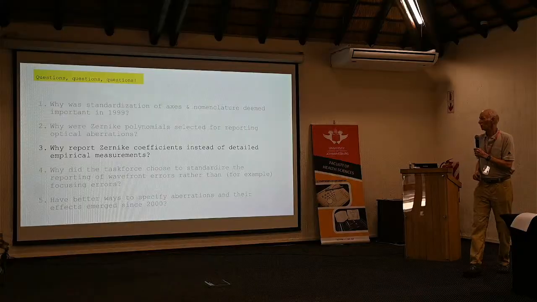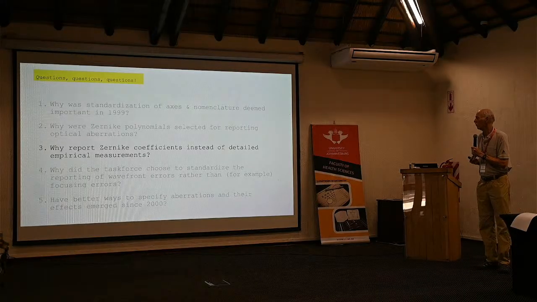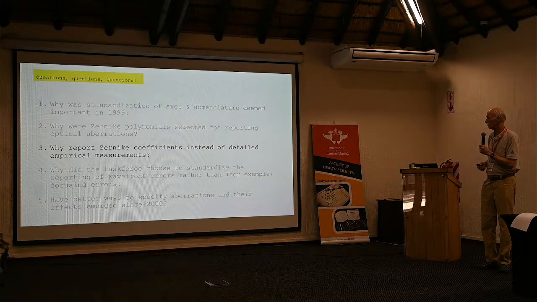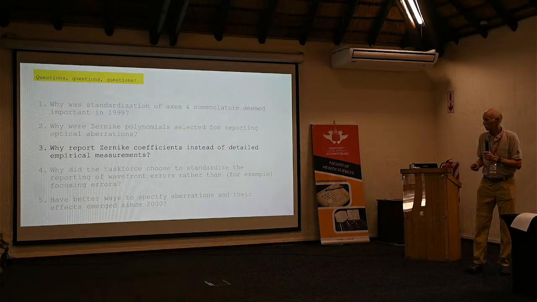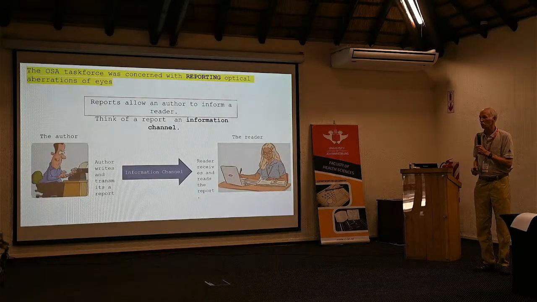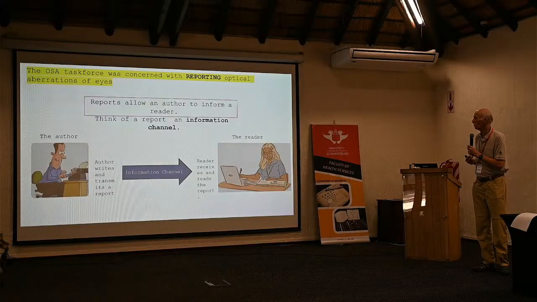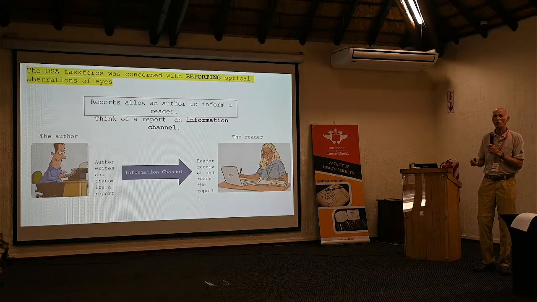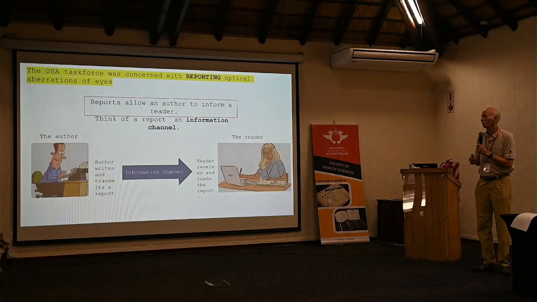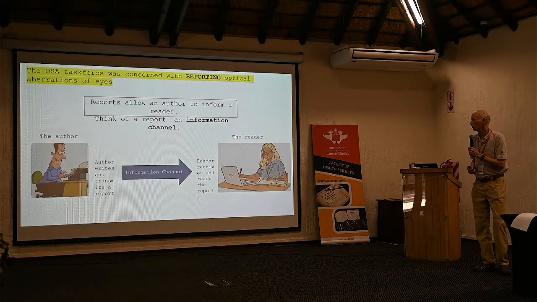So question number 3 then, why report Zernike coefficients instead of just giving a detailed set of empirical measurements? Well, this is a little more interesting, I think, conceptually. It's all about, well, what do you mean by a report? Remember, the OSA task force was concerned with standards for reporting optical aberrations, right? So what is a report?